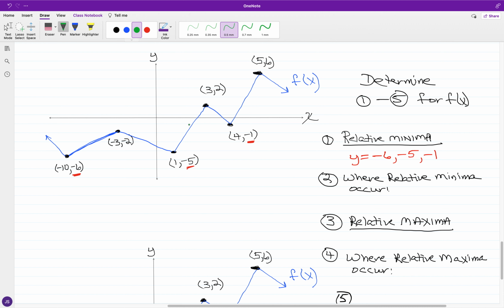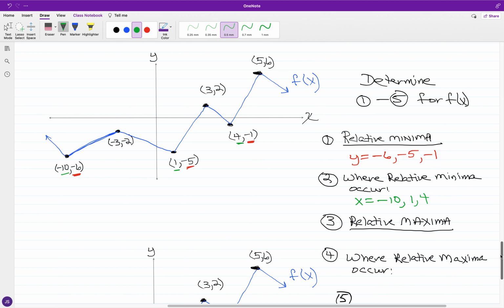And where the relative minima occur, those are the corresponding x values. So we have x equal to -10 when y is -6, when y is -5 the x is equal to 1, and when y is -1, the corresponding x value is 4.